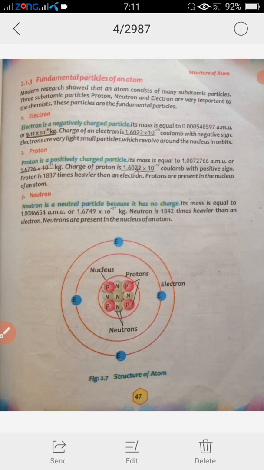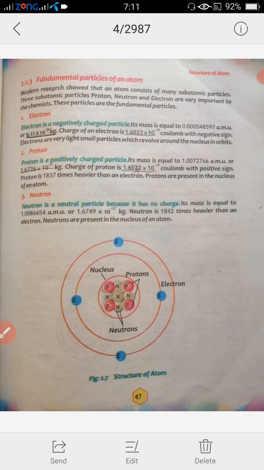We also know that proton is a positively charged particle which has mass equal to 1.0072766 AMU, and the charge of proton is 1.6022 multiplied by 10 raised to power minus 19.